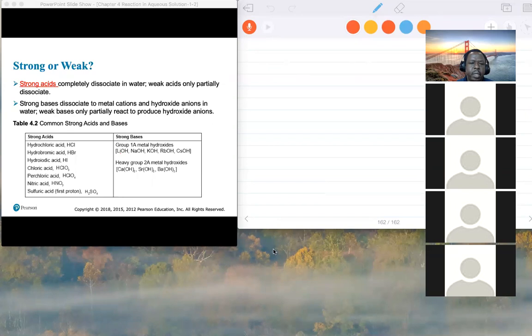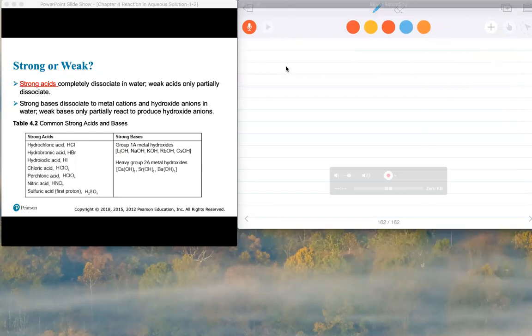Please, if you look at the left side of the screen on the PowerPoint slide, I do have examples of strong acids and strong bases. You are expected to know the names and the formulas of the strong acids and strong bases.